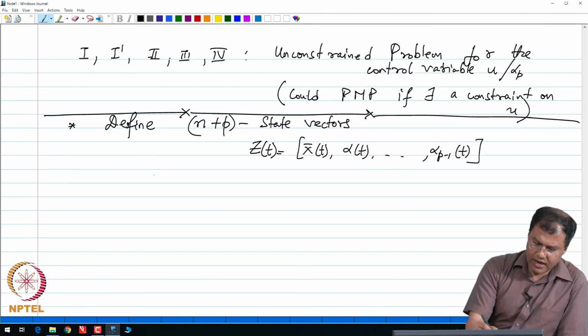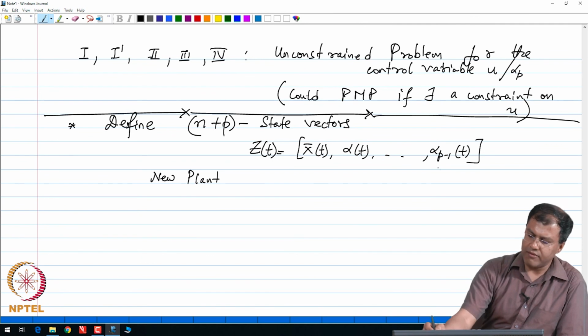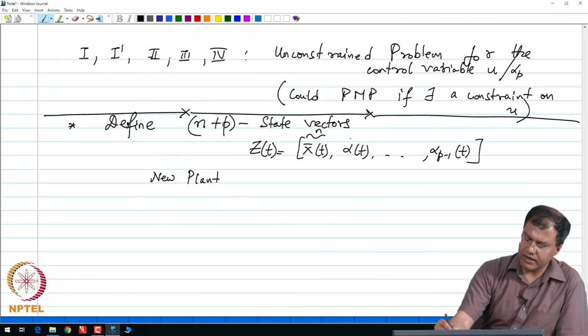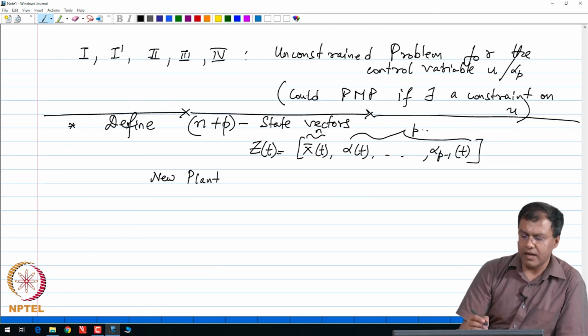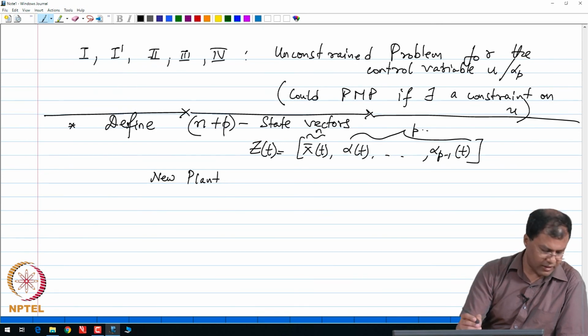Okay, we define our new plant condition. So, this is an n dimensional vector and we have p dimensional vectors, right.